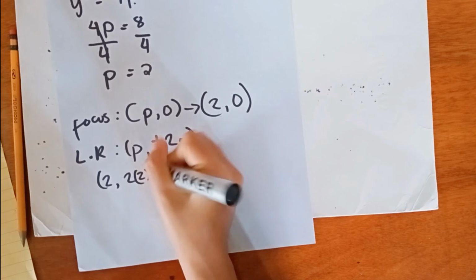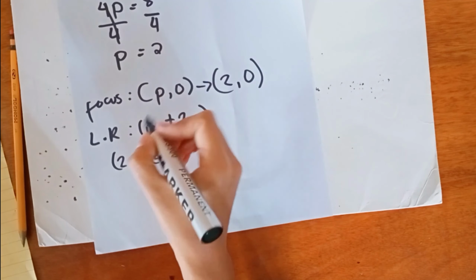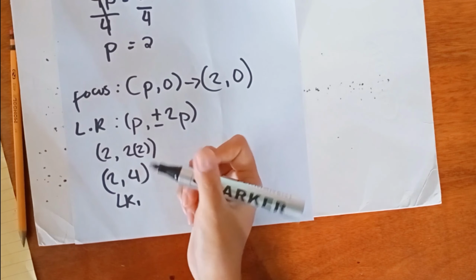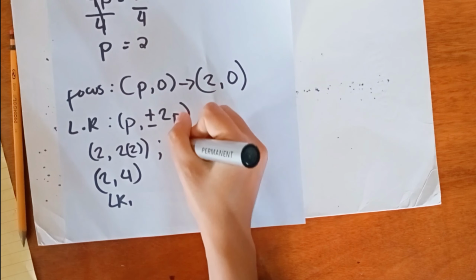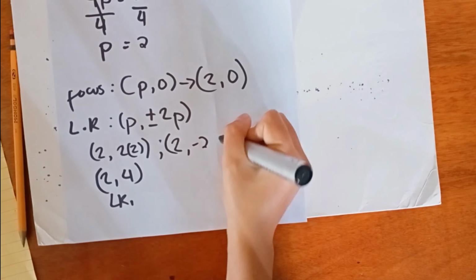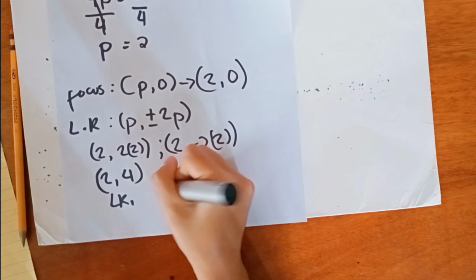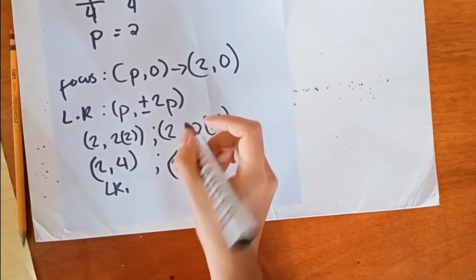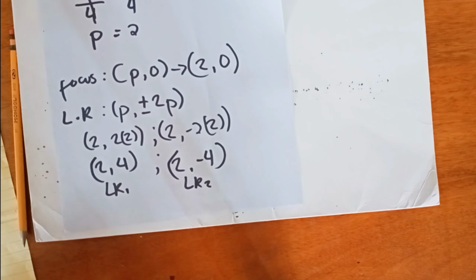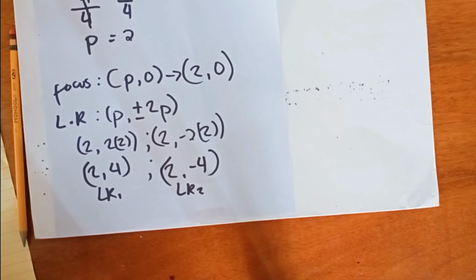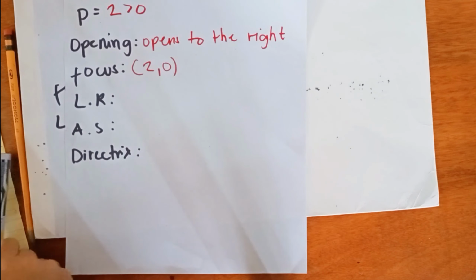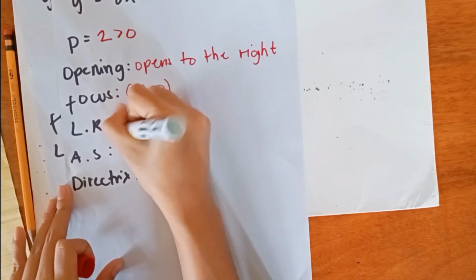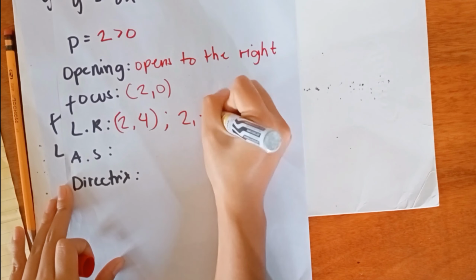So our first endpoint, LR1, is (2, 4). Next is the negative: (2, negative 2 times 2), which is (2, negative 4). This is our LR2. So our endpoints are (2, 4) and (2, negative 4).